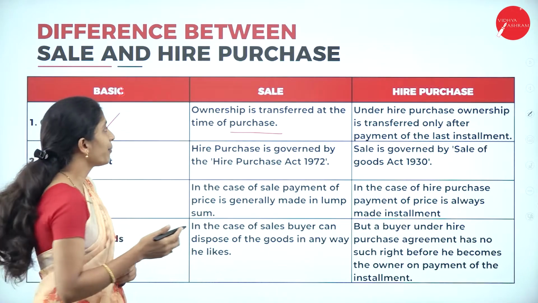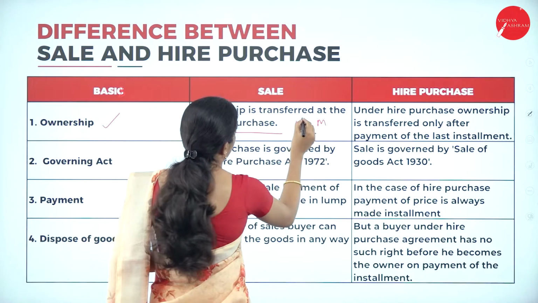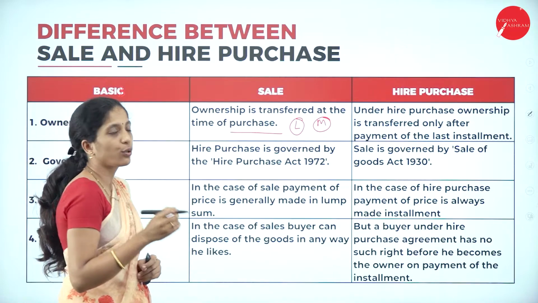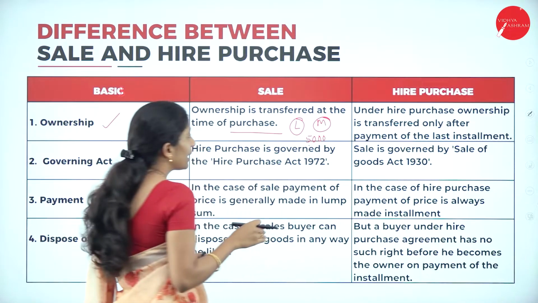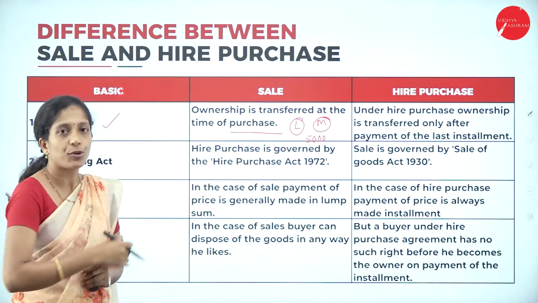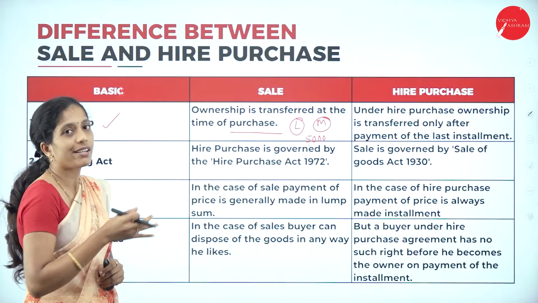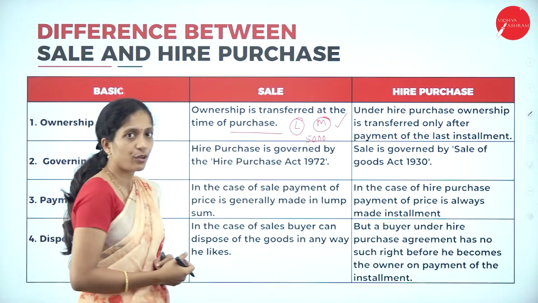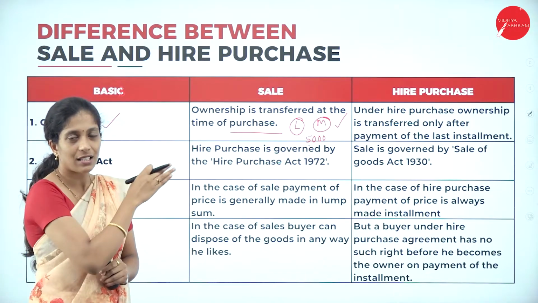For example, there are two parties, L and M, and L is a seller, M is a purchaser. Now they have purchased goods worth rupees 5,000. Immediately M will make payment to L. Now here the ownership is completely transferred to M. M becomes the owner of that particular goods because M has completely made the payment, in the form of a sale.